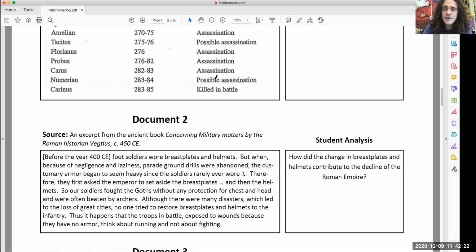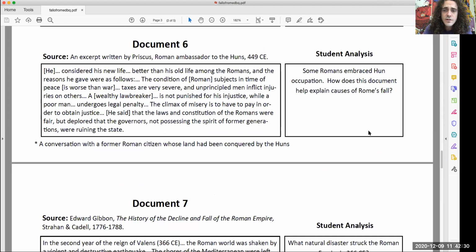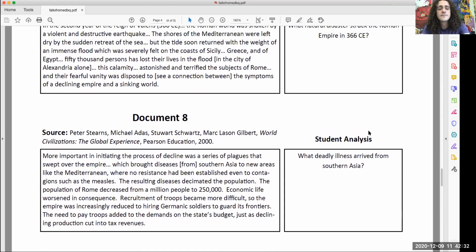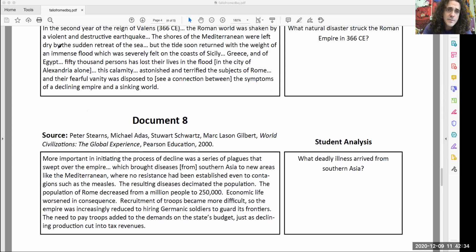I could use that. I could also use, what was the illness document? Sorry, document 8. So I could use document 8. And I could say the illness was so bad in Rome because leaders were not effective, okay? And this could just be my first body paragraph, but I've already tied in other sources.